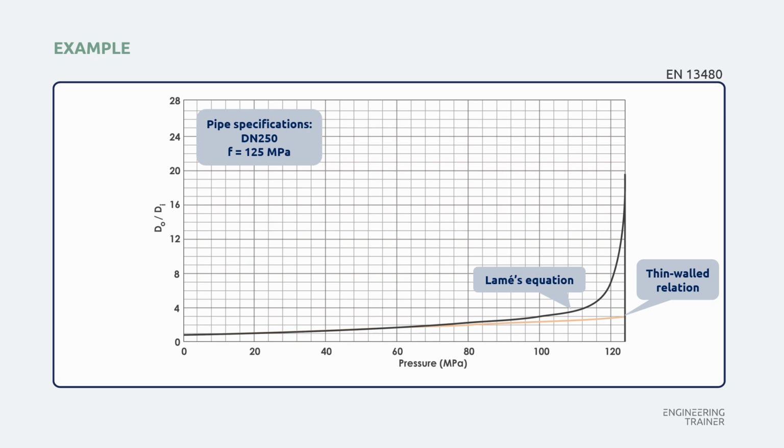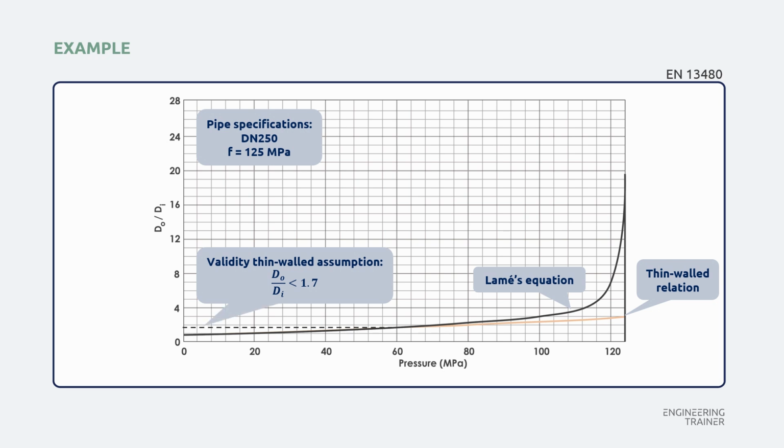Note that at a higher dO over dI, the pipe thickness is also higher. The thin-walled assumption is valid up to a value of dO over dI of 1.7. When we indicate this line in the graph, we can see that it intersects with the two wall thickness relations at about 60 megapascals.